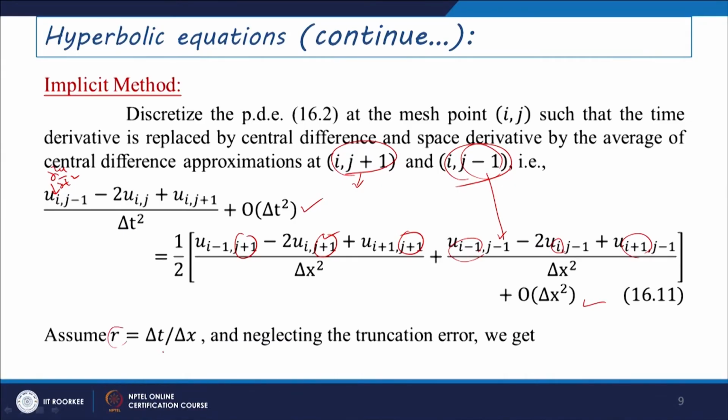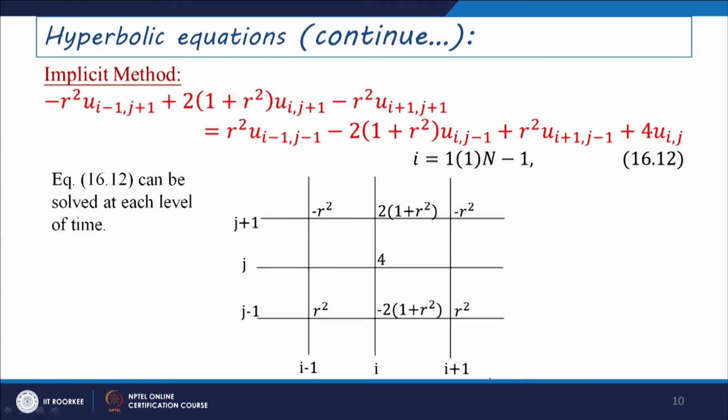We can define this value r in the form of del t by del x, and if you neglect the higher powers of del x and del t there itself, we can obtain minus r square u i minus 1 j plus 1 plus 2 into 1 plus r square u i j plus 1 minus r square u i plus 1 j plus 1 equals r square u i minus 1 j minus 1 minus 2 into 1 plus r square u i j minus 1 plus r square u i plus 1 j minus 1 plus 4 u i j.